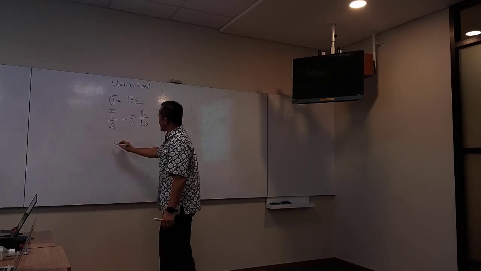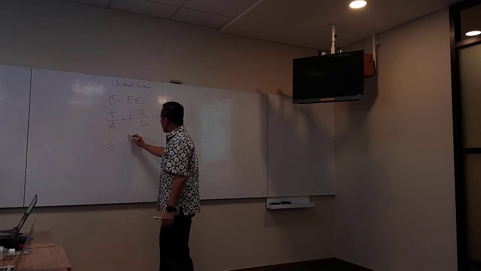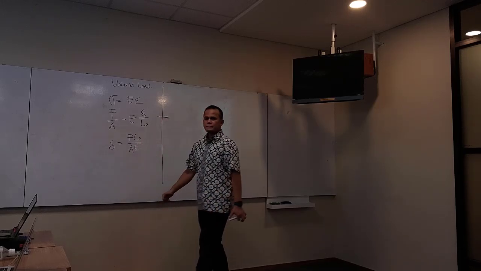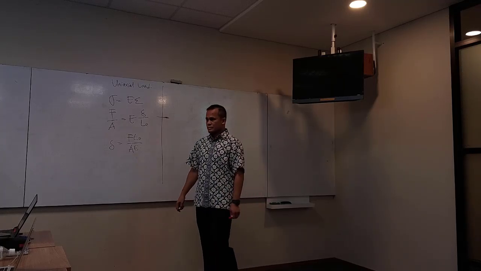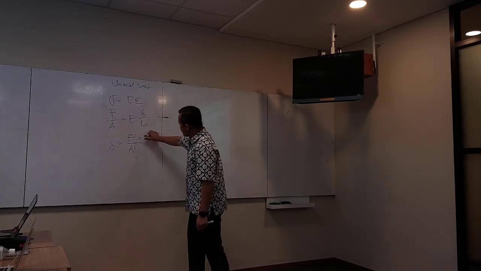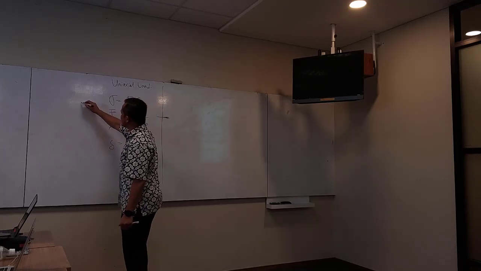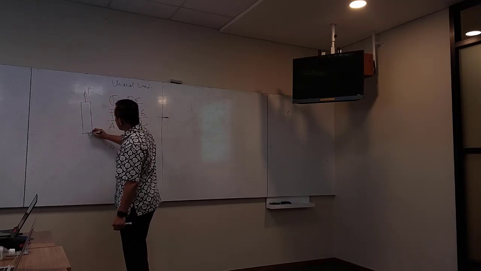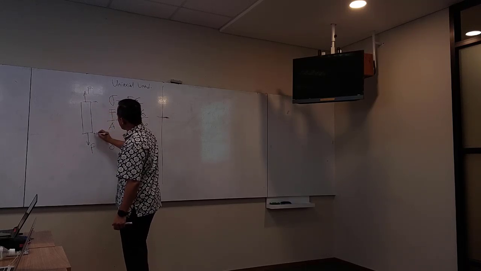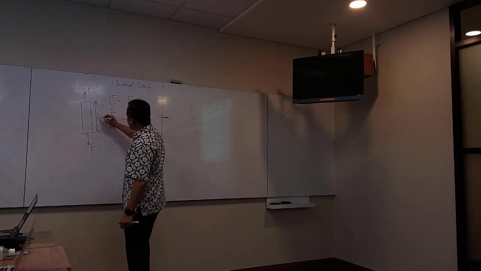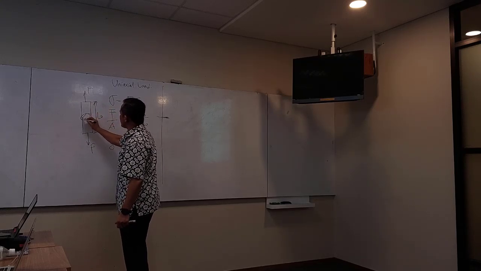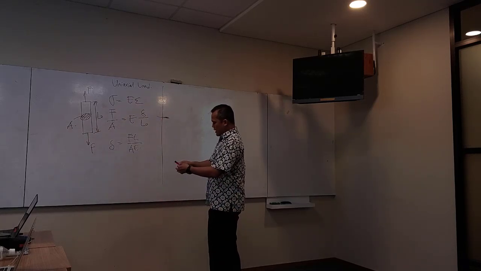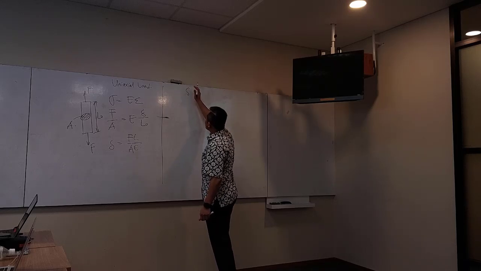Now, delta can be obtained by FL over AE, where L is the length and A is the cross-section area.